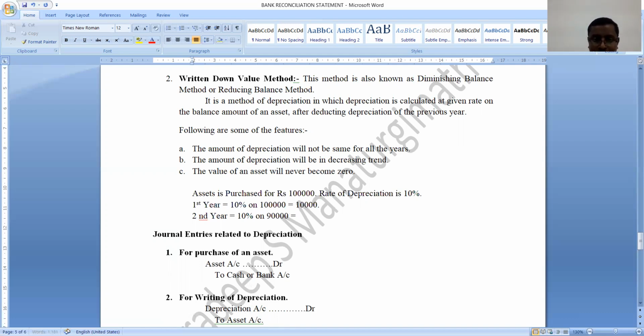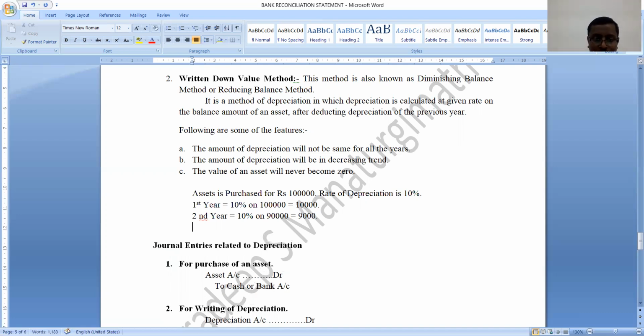How did you get this 90,000 rupees? Here, 1 lakh rupees minus previous year depreciation. 90,000 rupees will be the written down value of an asset. So 10% on 90,000 is how much? 9,000.